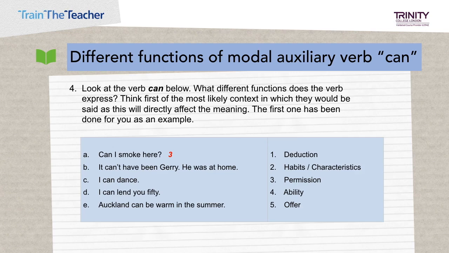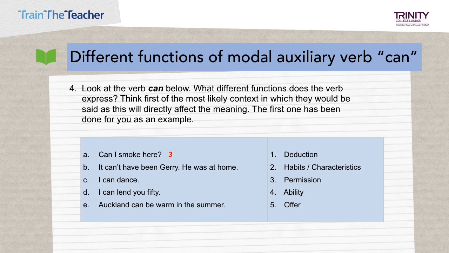Subject plus can plus bare infinitive. With the negative, the form is subject plus can plus not, which becomes can't in spoken English, plus the bare infinitive. The interrogative or question form is can plus subject plus bare infinitive.